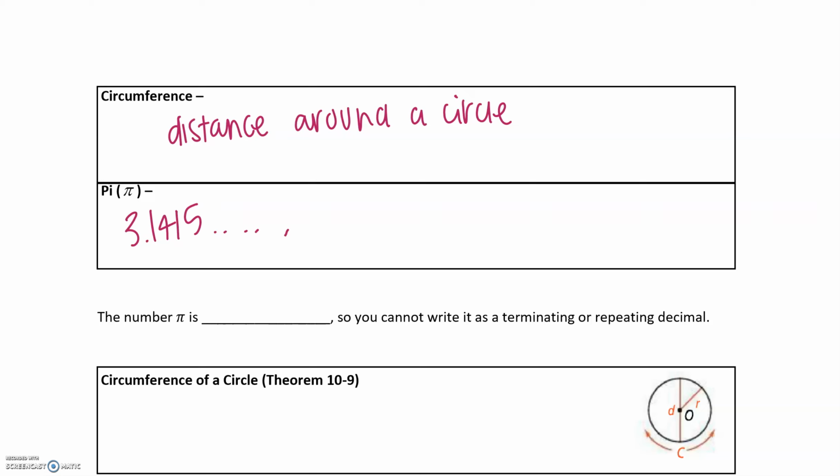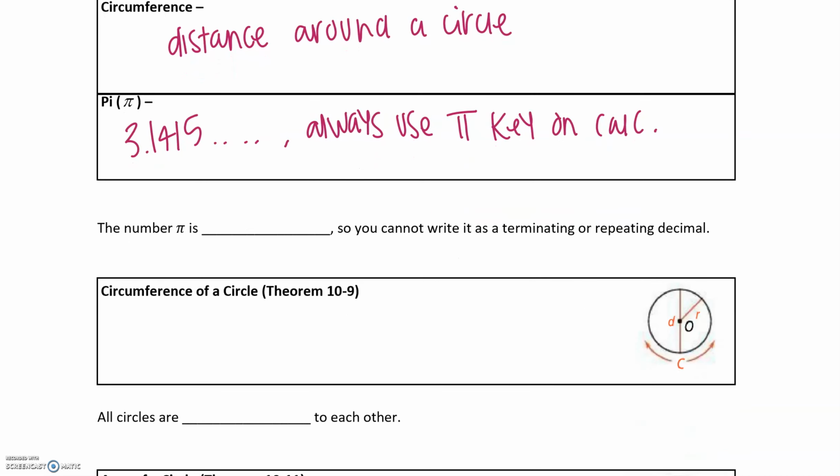Main thing I want you to know about this is we're always going to use our pi key on the calculator. Okay, so I said the number pi is irrational, so you can't write it all out, which is why I have those ellipses at the end. Just keeps going on forever.